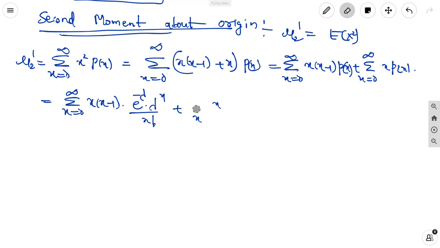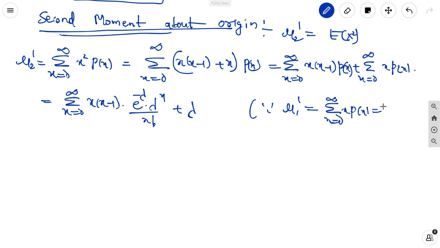Directly we can write it as lambda, by the first moment. First moment is equal to summation x equal to 0 to infinity x p of x, that is equal to expectation of x is equal to lambda. So we can directly substitute the lambda value.